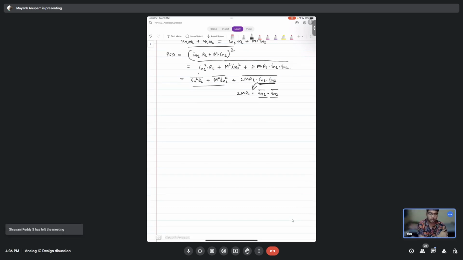Okay, and as you already know, we have assumed that these noise quantities are zero mean. So the assumption is that the means of in1 and in2 are both zero. That is why this quantity is 0, this quantity is 0, so they multiply, so this whole quantity becomes 0.